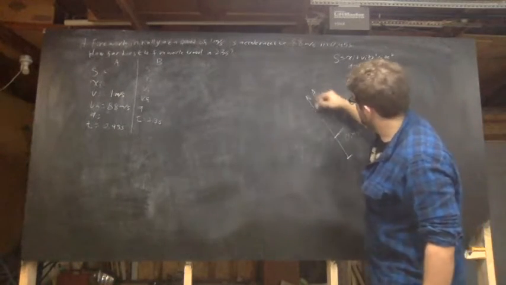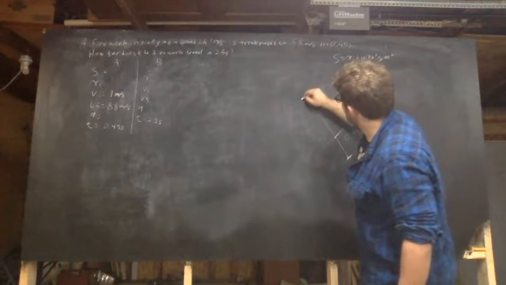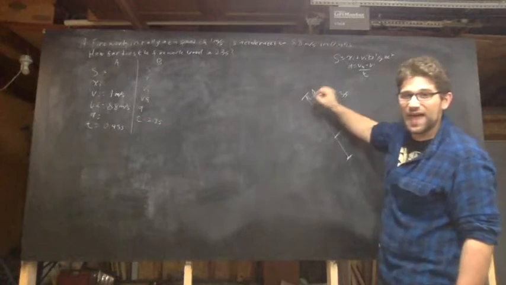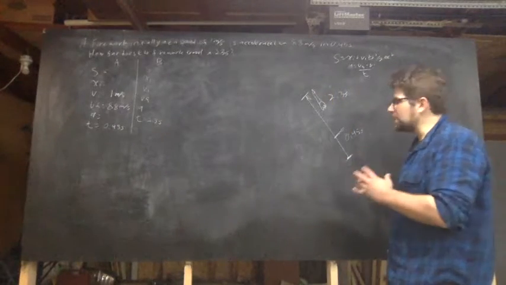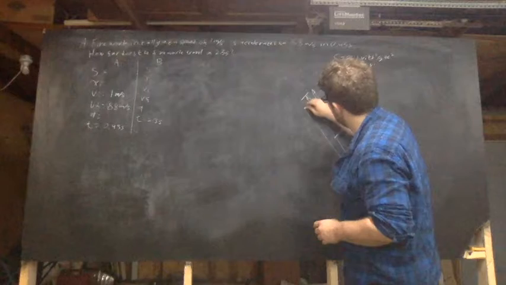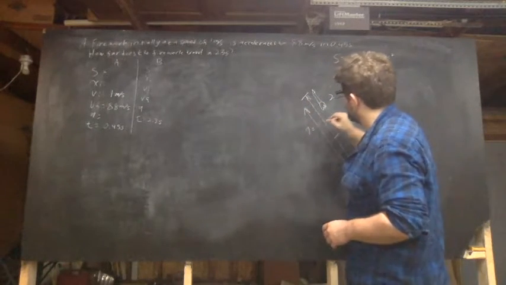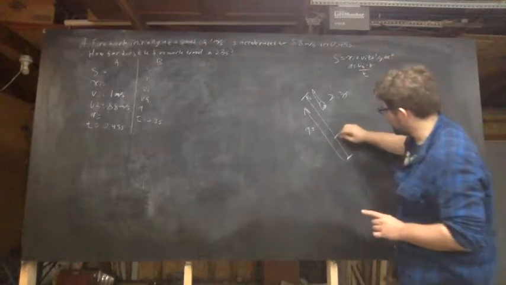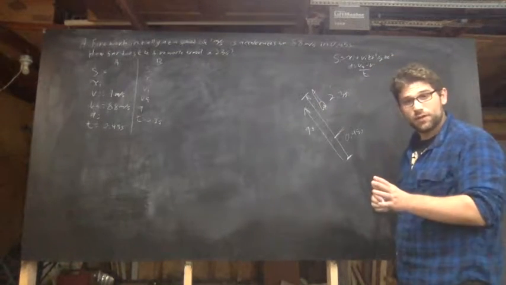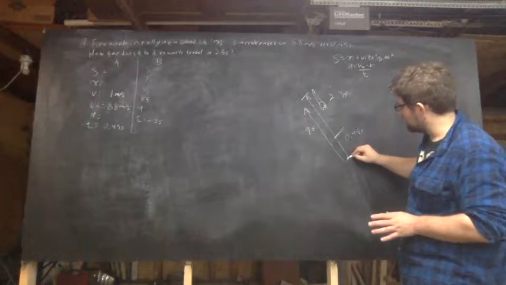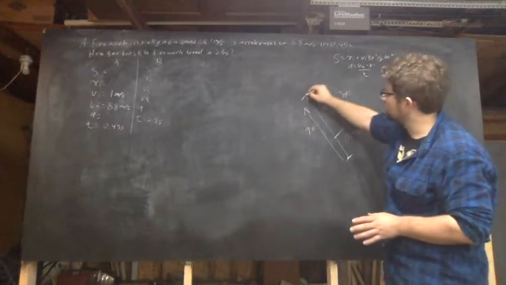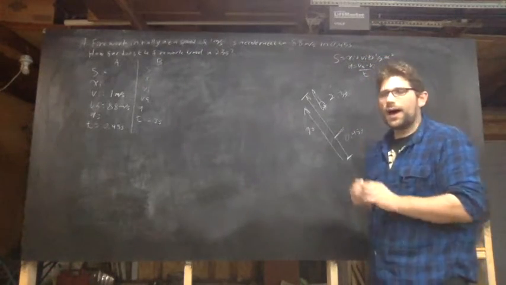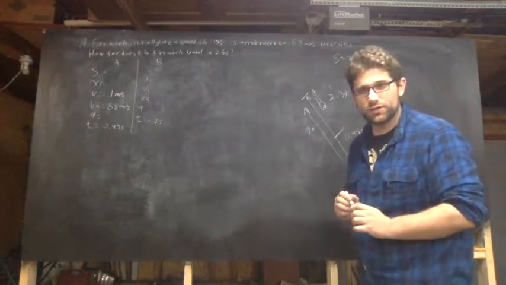I want to know from here to here, being 2.3 seconds, how far is that? So the key thing here is I'm going to have the same acceleration all the way through. My acceleration being constant means at any point along this, it's going to be the same. So my acceleration between here and here is going to be the same from here to here. So the first part, I'm looking for acceleration, okay?